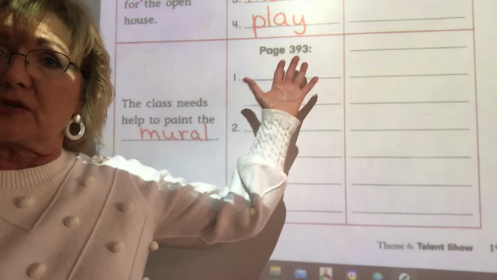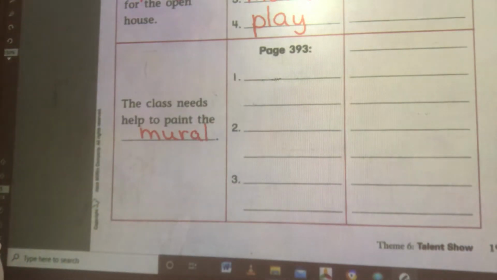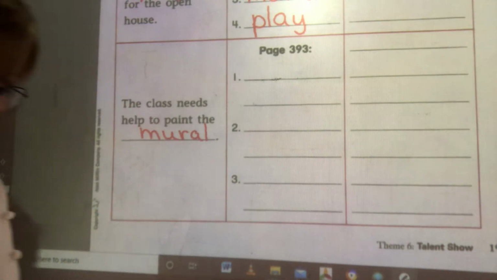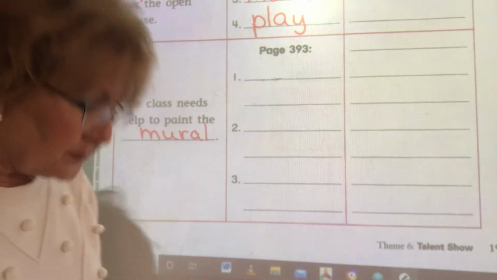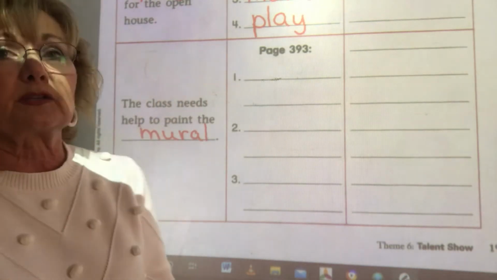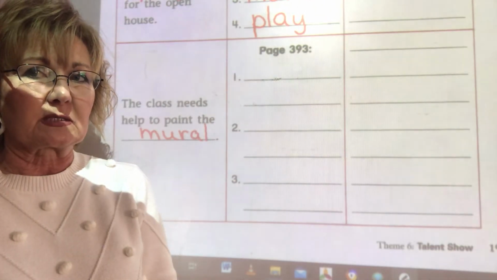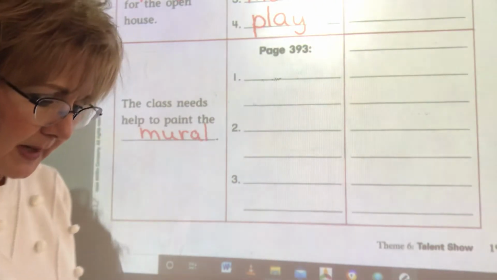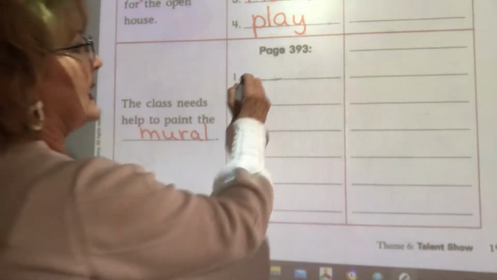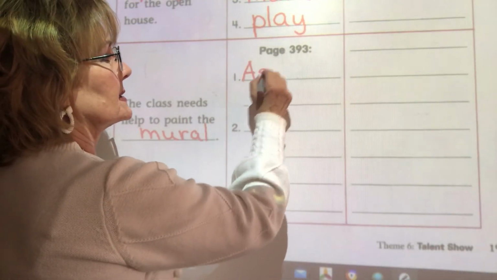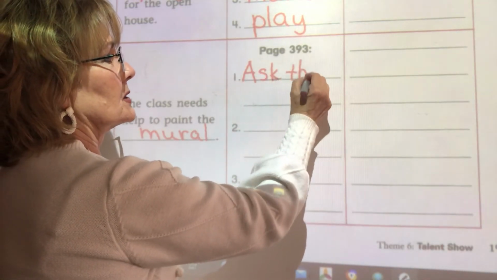Maybe in your anthology, page 393 is the answer. I don't know. Only you know for sure. So the first thing they had to do was get permission from the Mr. Jackson type person, the principal, you're right. So they had to ask the principal.